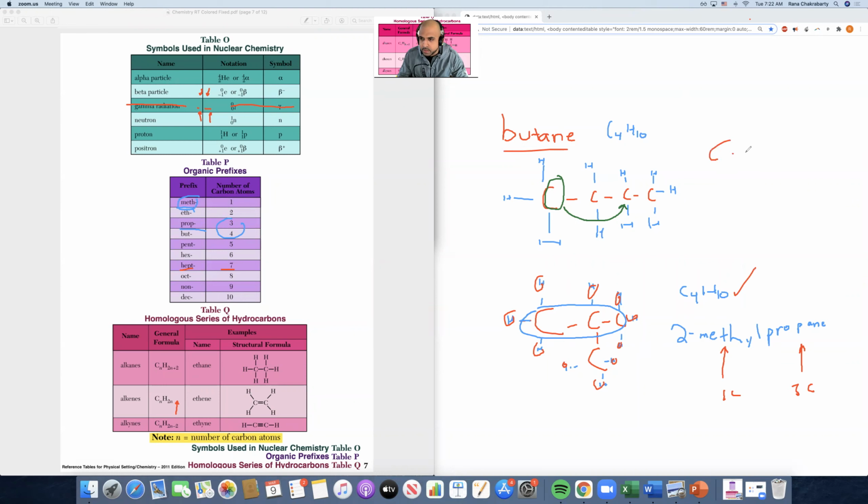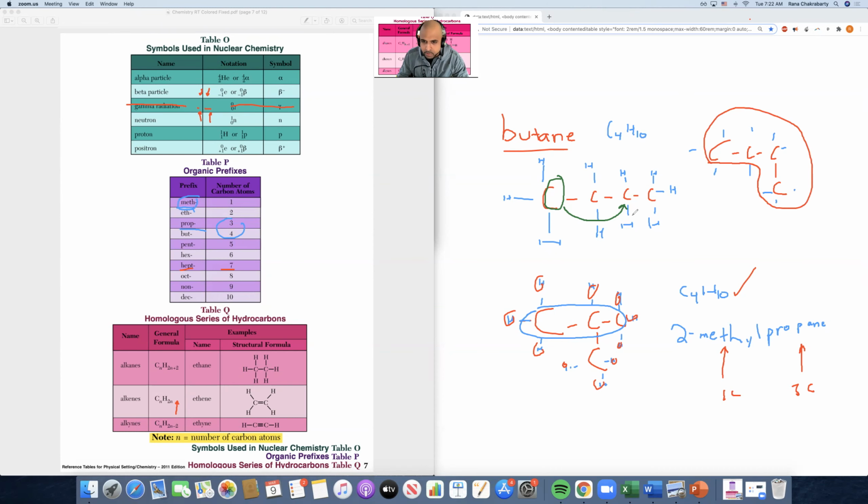So if I did this, this is not an isomer of butane. Why is it not an isomer? Because it's still a chain of 4 carbons. It just looks different, but the chain is the same.